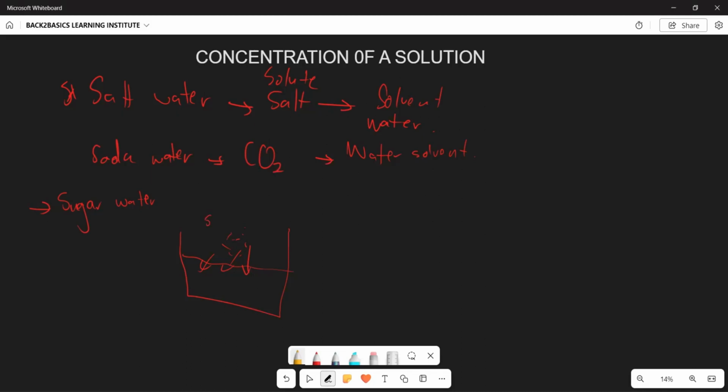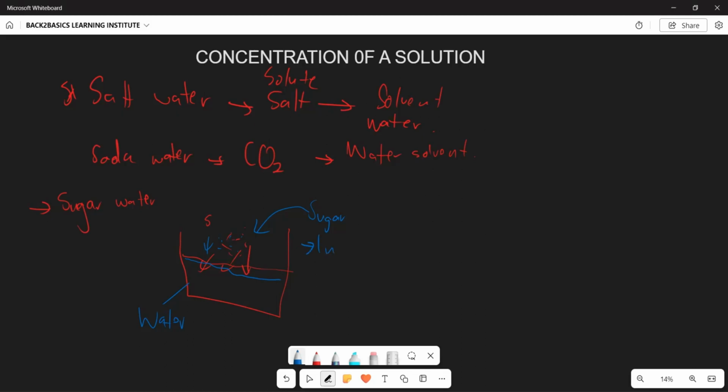Let's say this is your sugar, and you are pouring it into the same amount of water. The more you pour, it is going to become sweeter and sweeter and sweeter. If this is your water and this is your sugar, the more you pour in your sugar, what are you increasing?